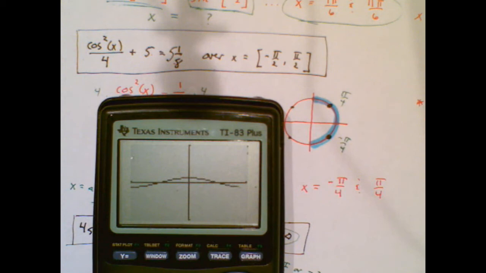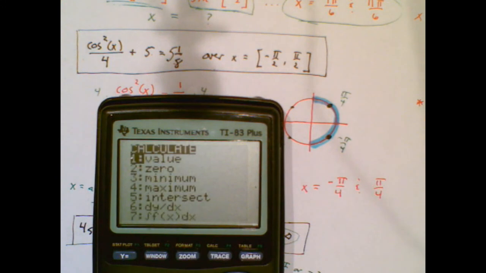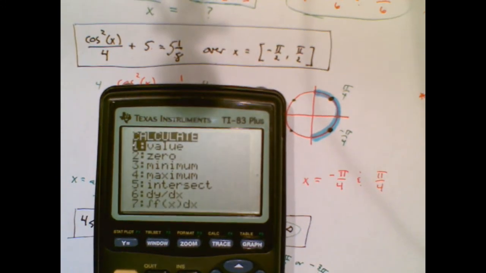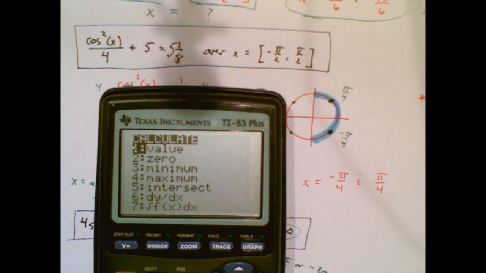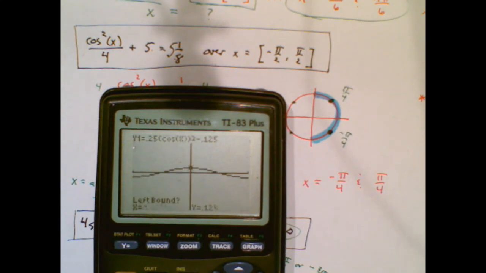I have some intersection points, and I'm just going to work with this one. If we can do this one, you can do that one. So second, calc or trace. And I'm looking for the 0 option, or the x-intercept. There's my little turtle. I can send him over to the left of the intersection point.